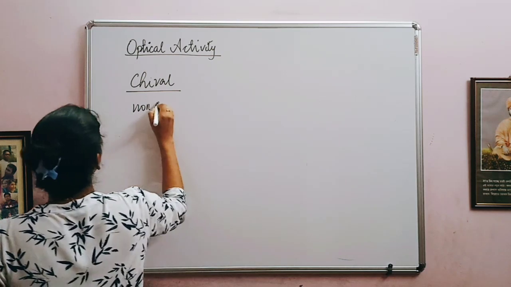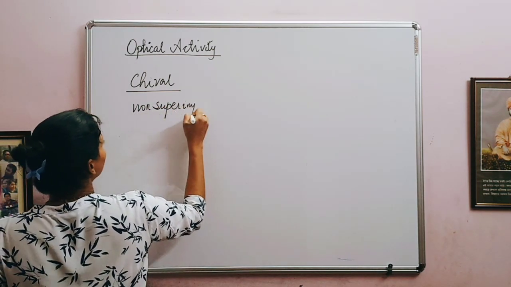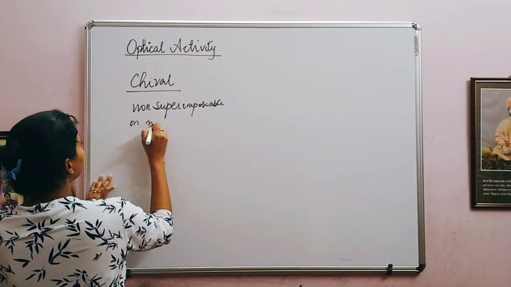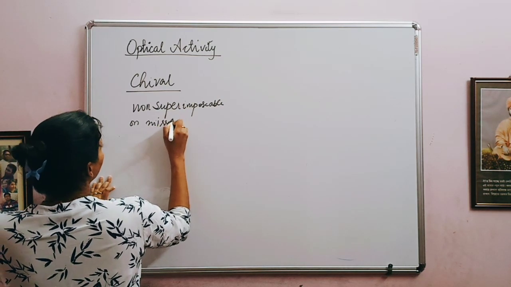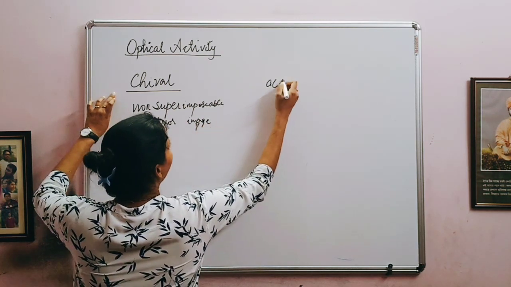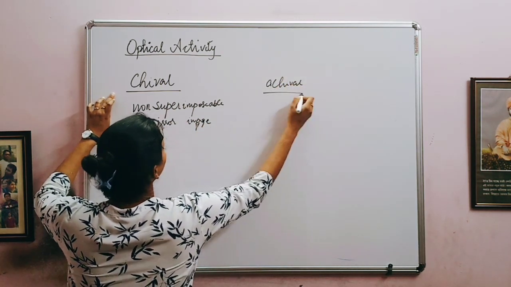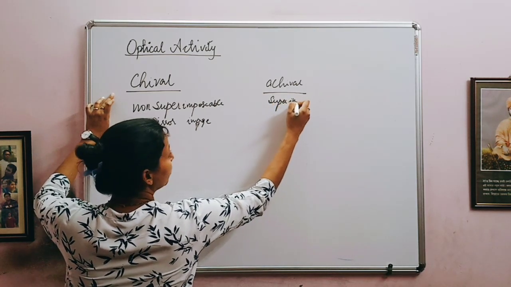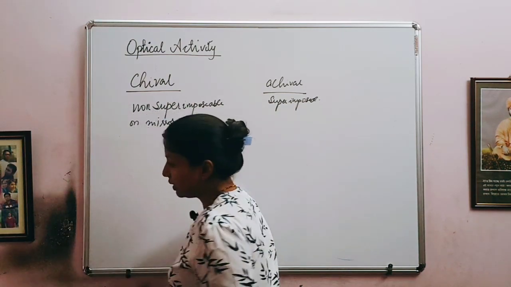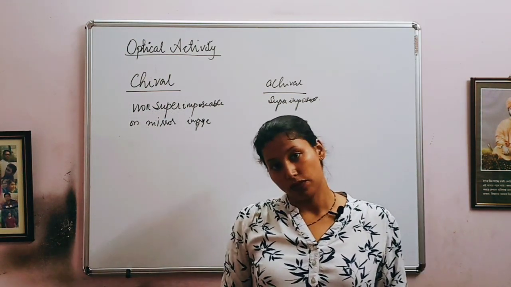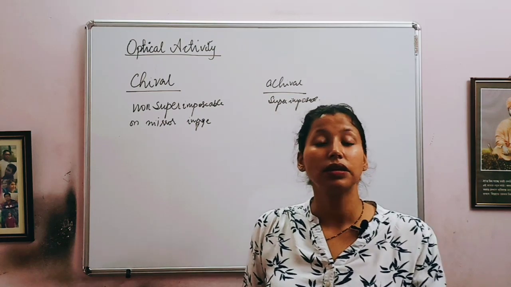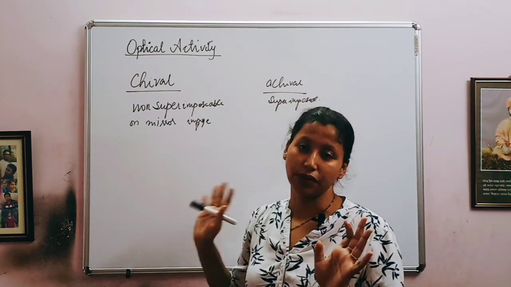Not superimposable on its mirror image is chiral, and achiral means it can be superimposed. Now, since we are studying organic chemistry, we are dealing with organic compounds. Let's go straight into the criteria or the requirement for an organic compound to be chiral.